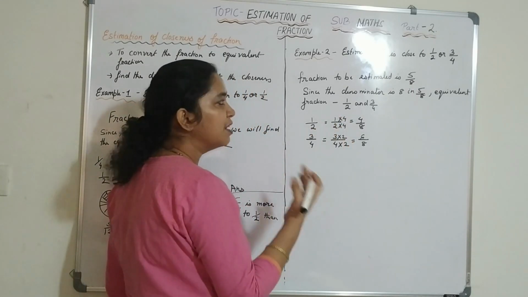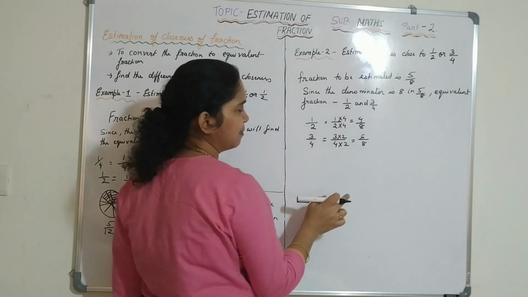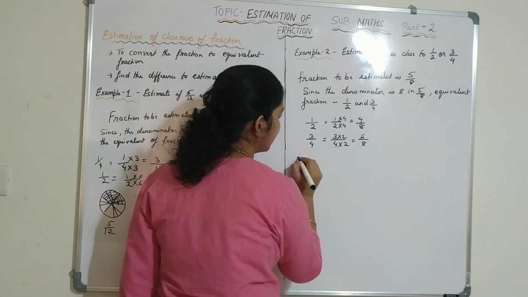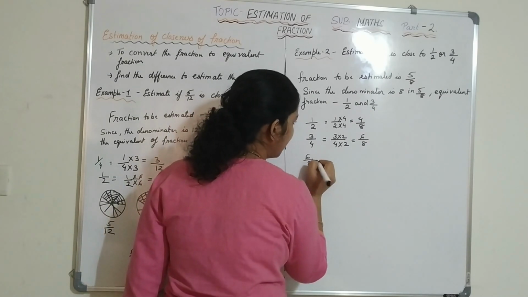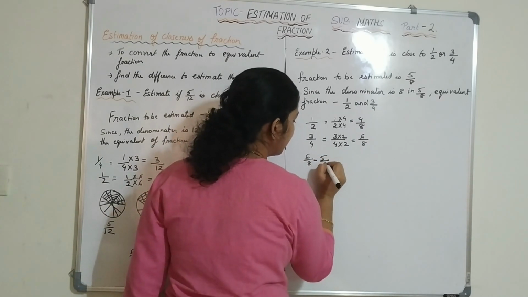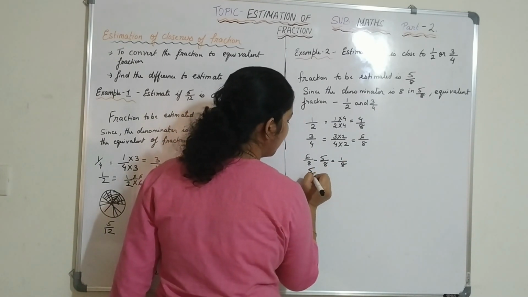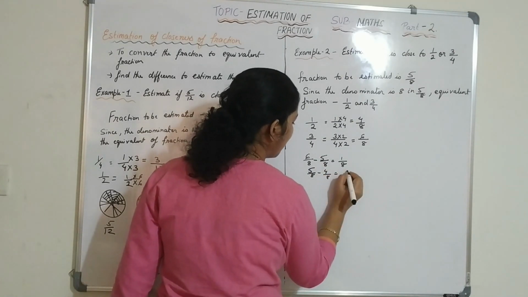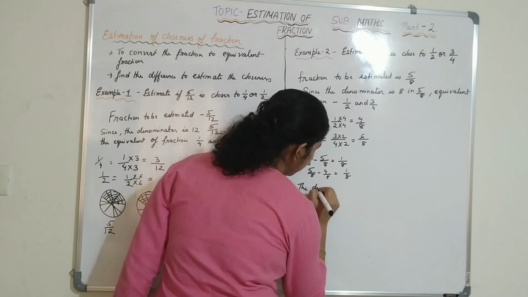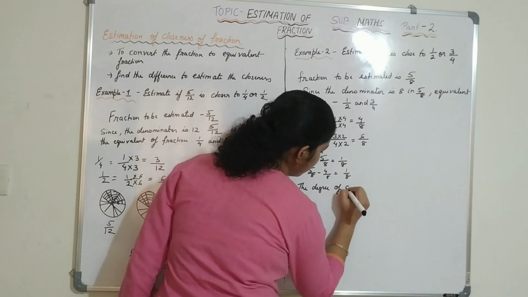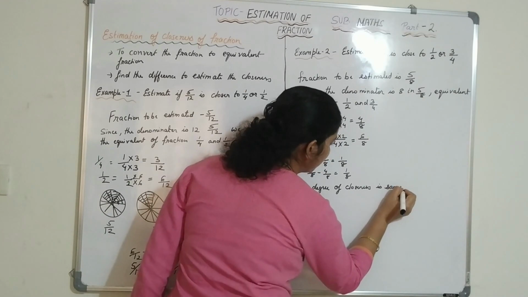I think both are equivalent in closeness. In this case, the degree of closeness of both fractions is the same. How do we find the degree of closeness? 6 by 8 minus the estimated fraction 5 by 8 is 1 by 8. And in the other case, 5 by 8 minus 4 by 8 is also 1 by 8. So the degree of closeness is the same for both fractions.